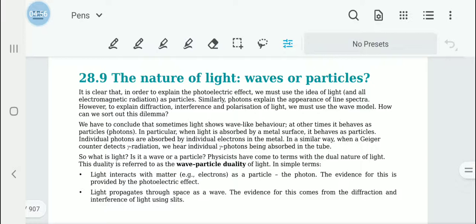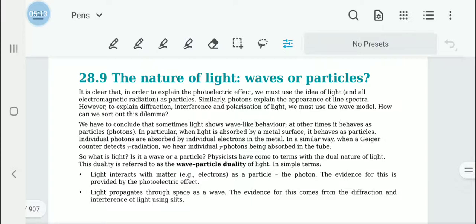We can explain photons using the photoelectric effect. However, that is the particle nature. To explain diffraction, interference and polarization of light, we need the wave model.